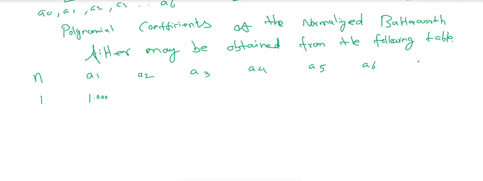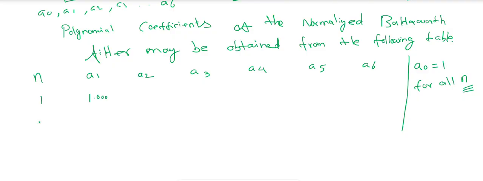But a0 is equal to 1 for all n, either capital M or small n, whatever the order. For all n, the value of a0 is equal to 1. For first order, the a1 coefficient will be 1.